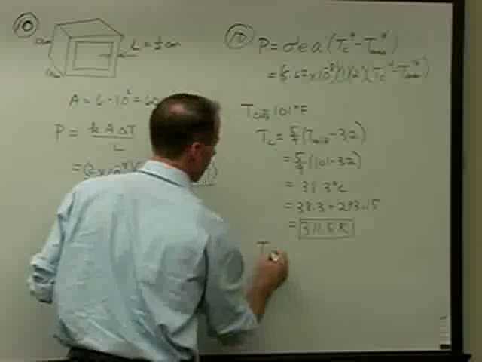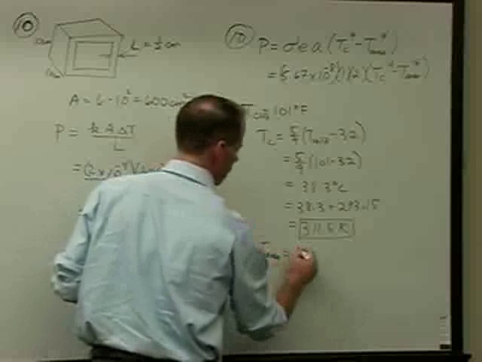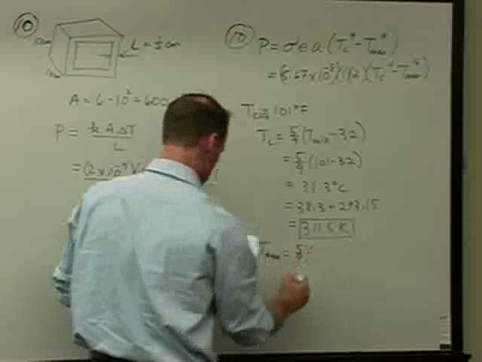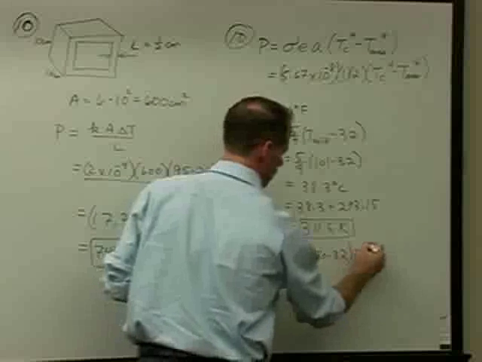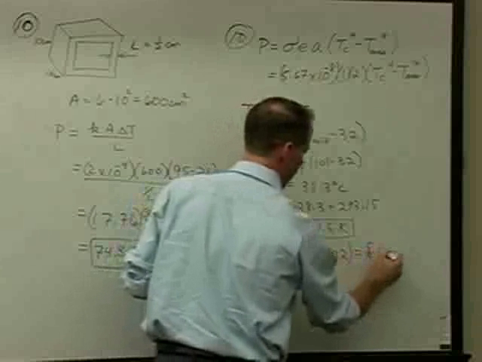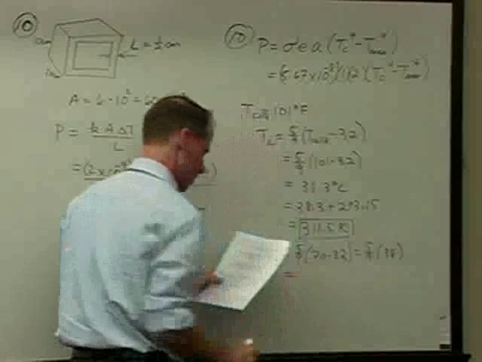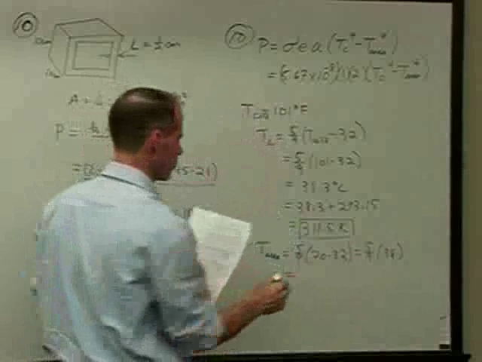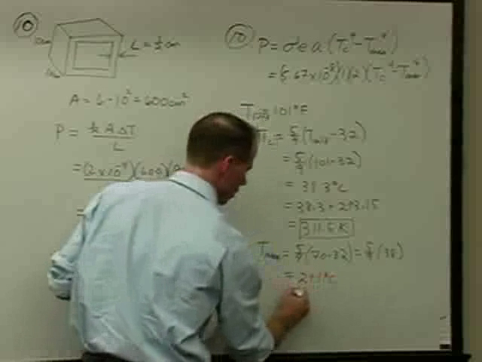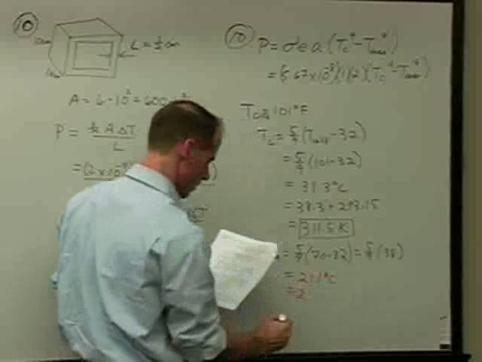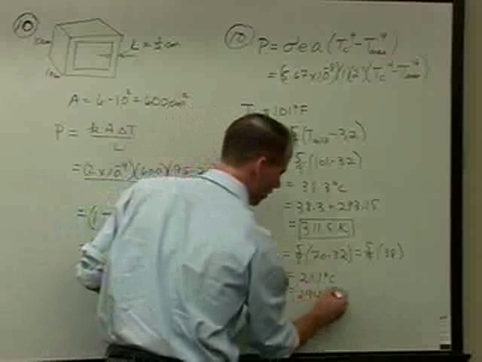The temperature of the area surrounding the child will be 5/9 times 70 minus 32. 5/9 times 38 gives us 21.1 degrees Celsius, or 294.3 degrees Kelvin.